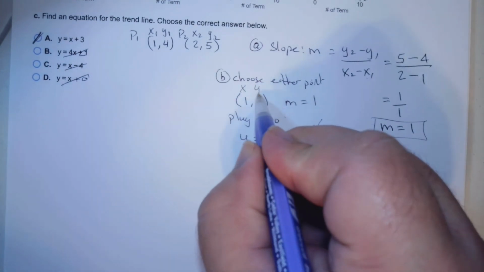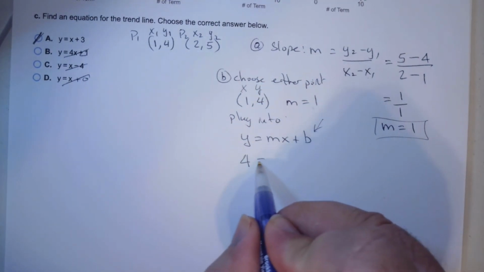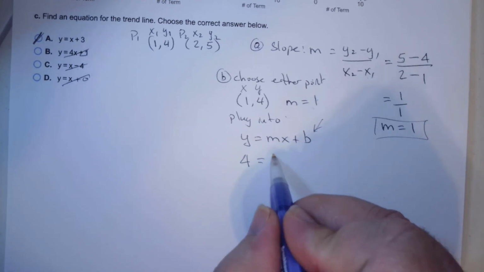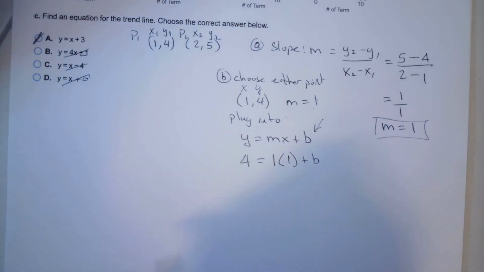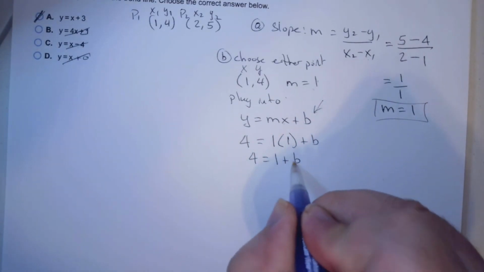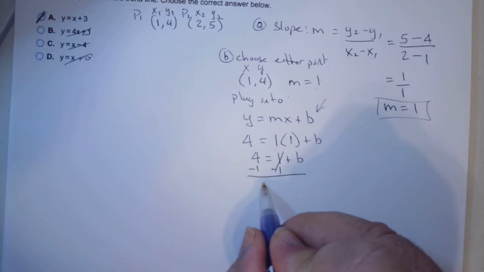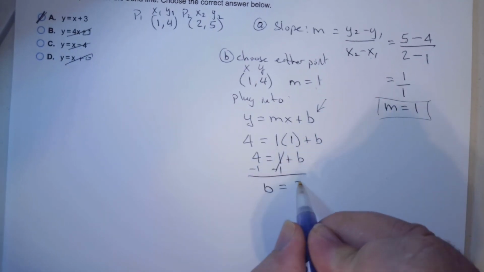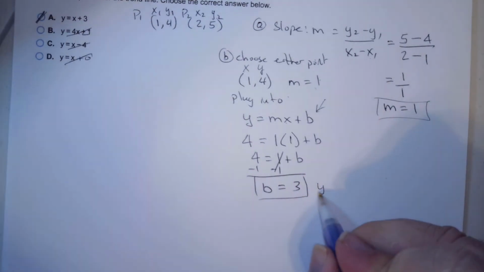Remember, this is the x, that's the y, and that's your m. So 4 equals 1 times 1 plus b. Subtract 1. So b is equal to 3. That's our y-intercept.